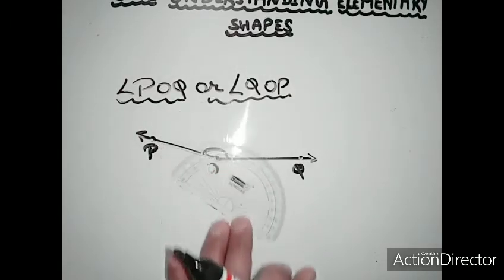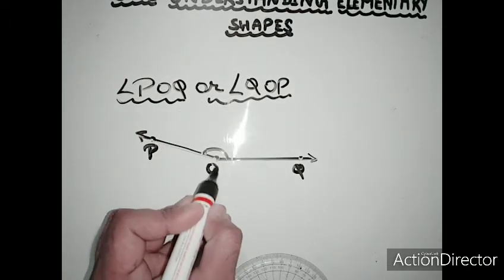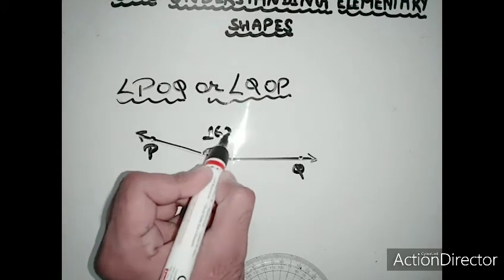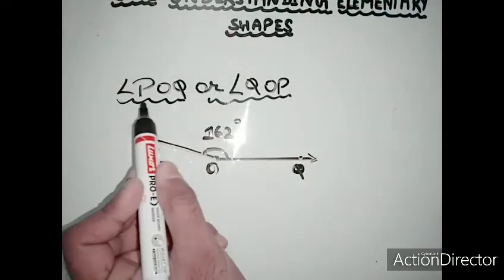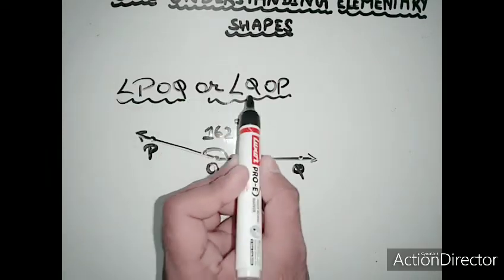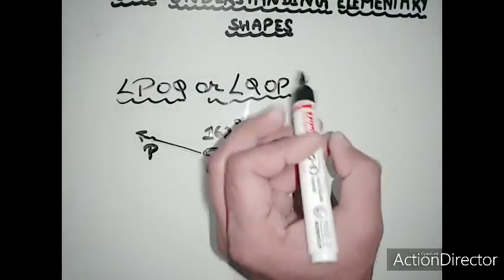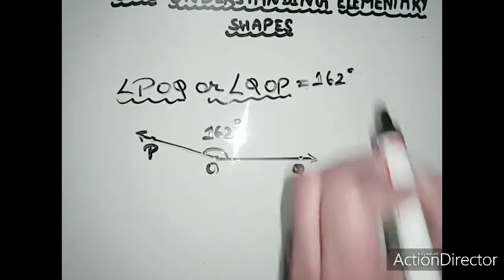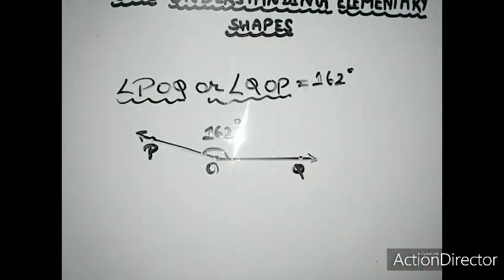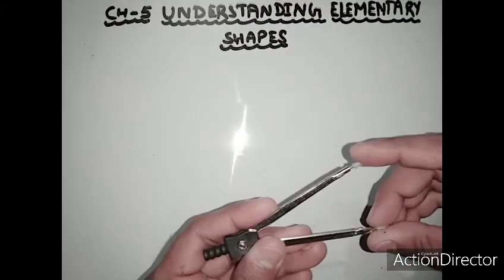So here we write angle POQ or angle QOP is equal to 162 degree.